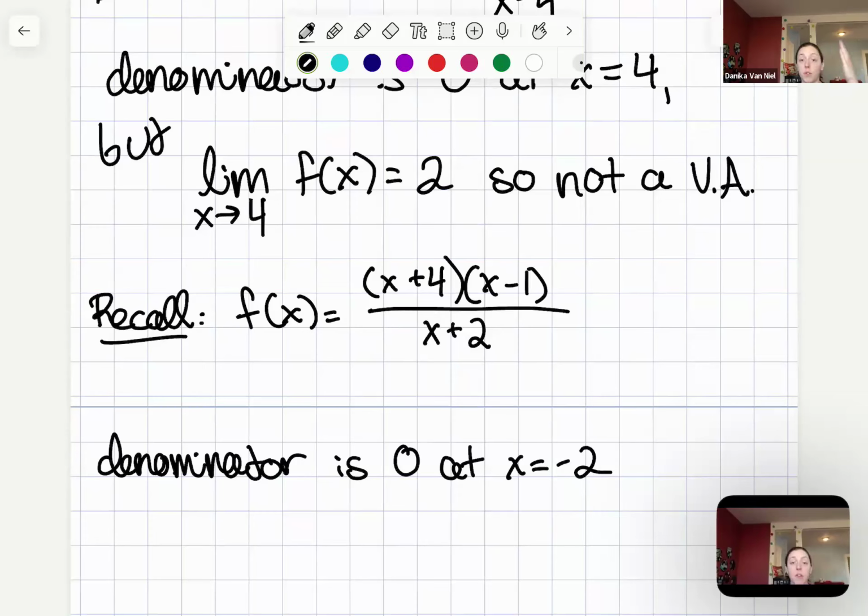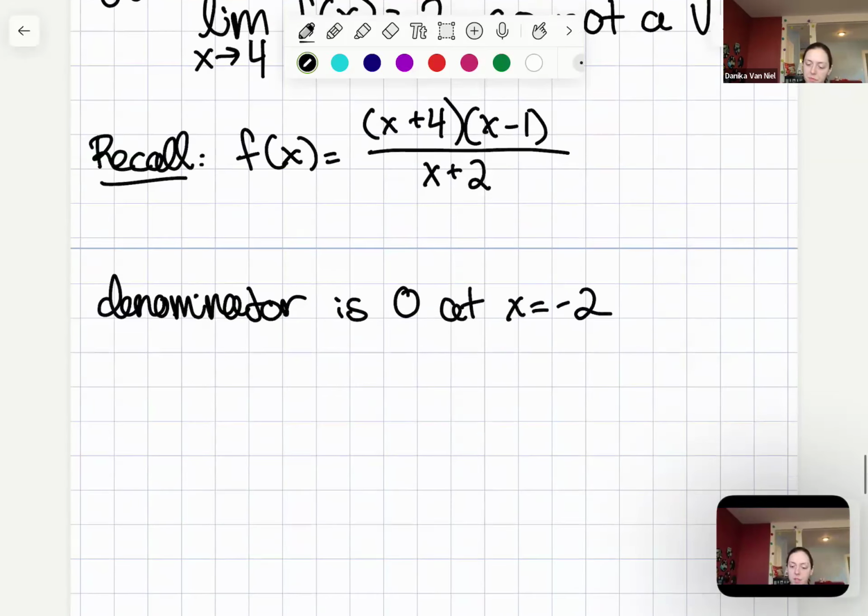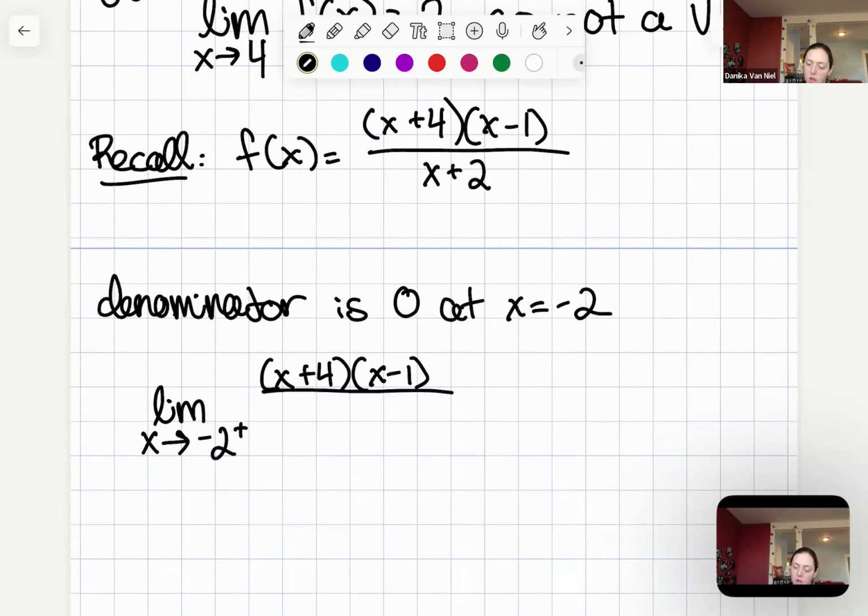We'd have to go through and show our work, but since we already have, I'm just going to recall it for us. As x approaches -2 from the right, the limit is negative infinity, I think, because we have negative over positive.